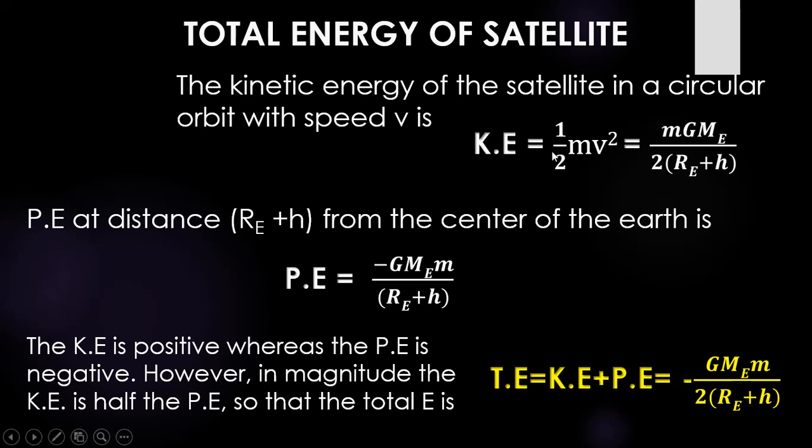Just compare the expression for kinetic energy and potential energy. Kinetic energy is positive, whereas potential energy is negative. But if you observe it thoroughly, kinetic energy is half of potential energy.